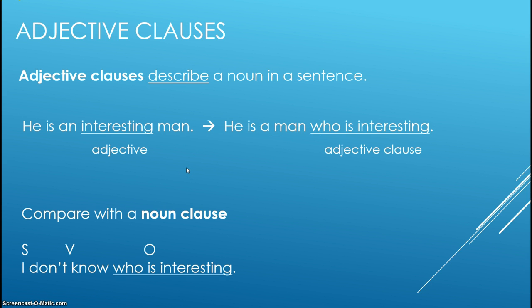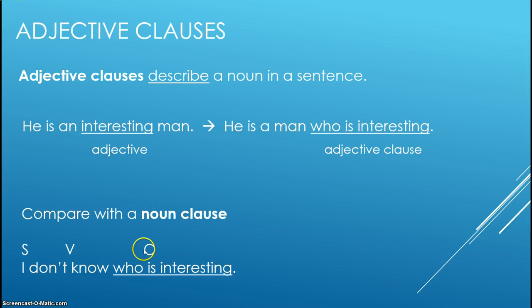Now, compare with a noun clause, just to see the difference very clearly. With a noun clause, we can have something like this. I don't know who is interesting. I is my subject. Don't know is my verb. And what's the thing I don't know? Who is interesting. In this sentence, who is interesting is a noun clause.